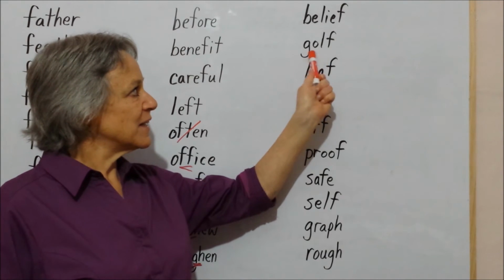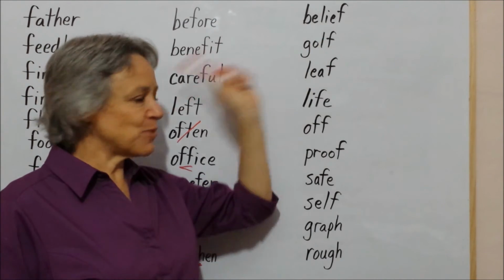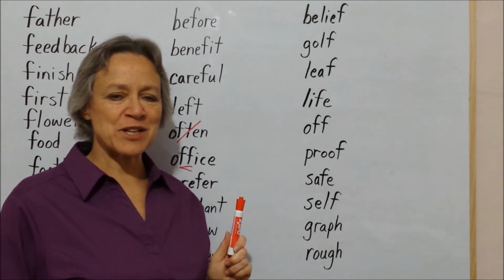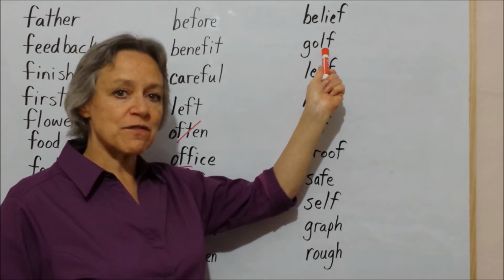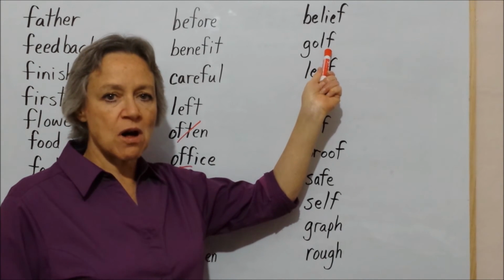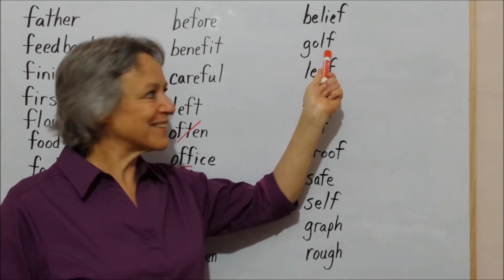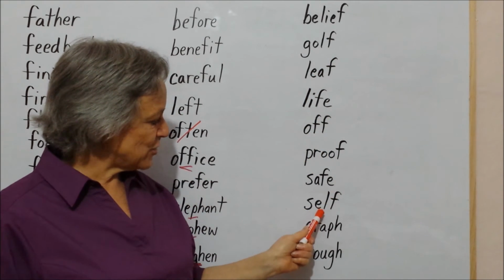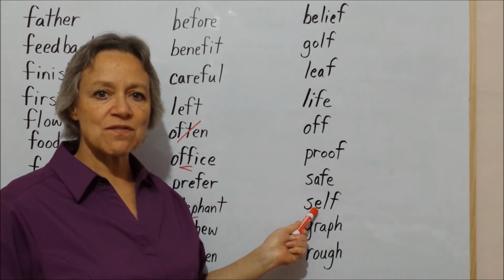Here we have a word ending in the letters L and F. As with the other words that I mentioned, we don't have an extra vowel sound in there. We move right from the O sound to the F sound. Golf. Okay? And here's another one. Self.